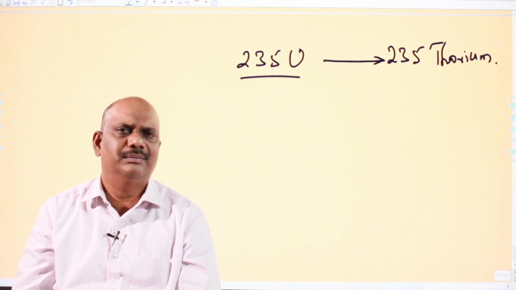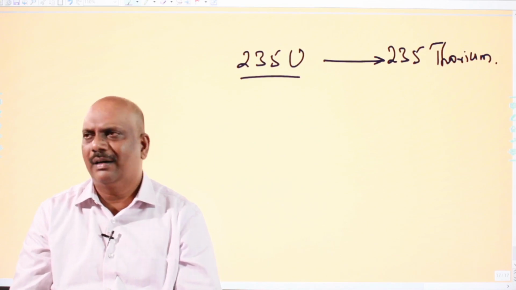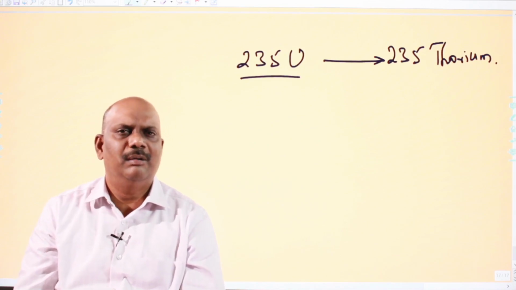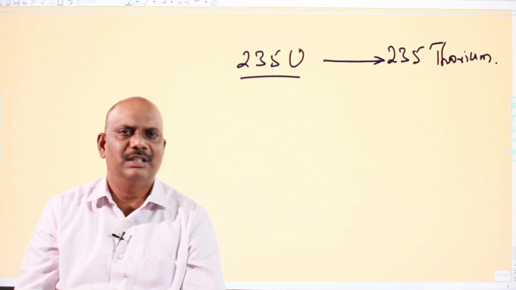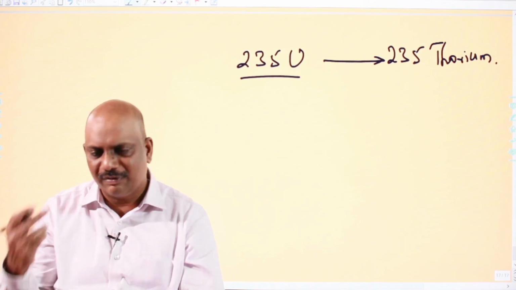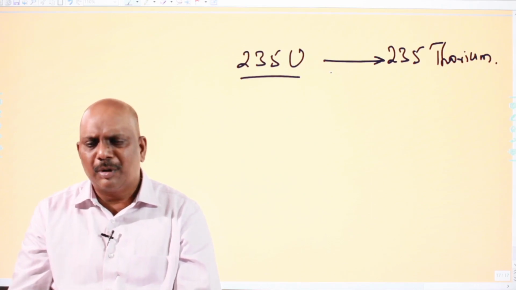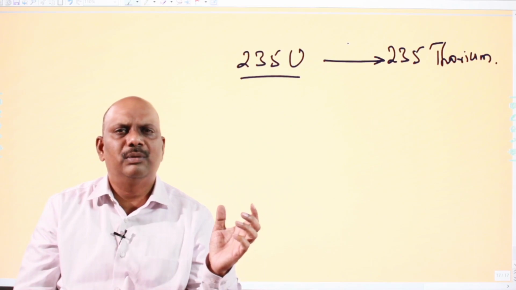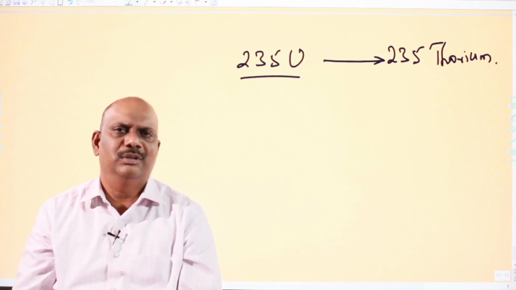We might have known about thorium, right? In our three-stage nuclear power program, in the third stage, we are using thorium as a fuel in our nuclear reactors. MOX fuel, mixed oxides of uranium, and thorium. So the proportion of 235 uranium and 235 thorium gives us an idea about how old these limestones are.